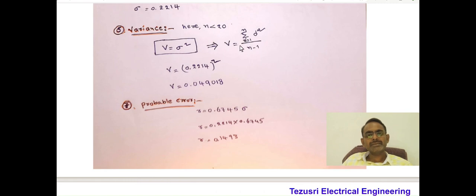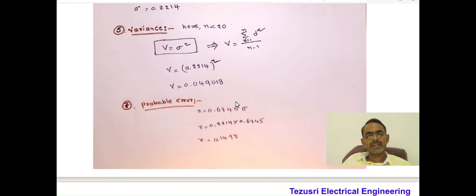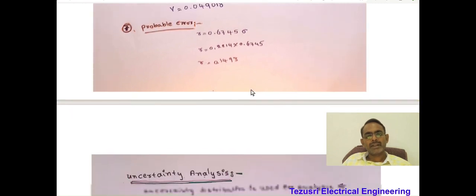Therefore, variance equals sum of the deviation square by number of samples minus 1. That means variance is equal to standard deviation square. We have already calculated standard deviation 0.2214, its square is the variance. Next, probable error. Probable error equals 0.6745 times standard deviation. We get 0.1493.